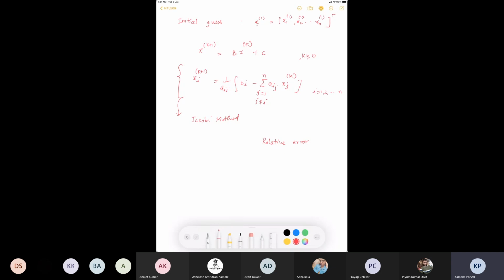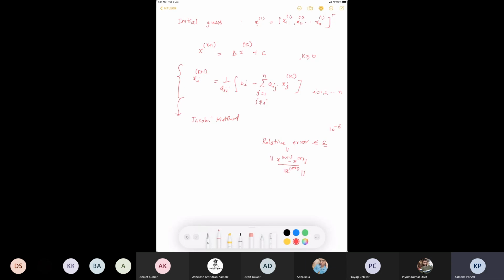When this relative error is less than the given tolerance, that is epsilon given by the user, you can stop. Say I want the relative error to be less than or equal to 10 to the power minus 6. You just compute the relative error, that is, x^(k+1) minus x^(k), with a suitable norm, divided by x^(k+1).